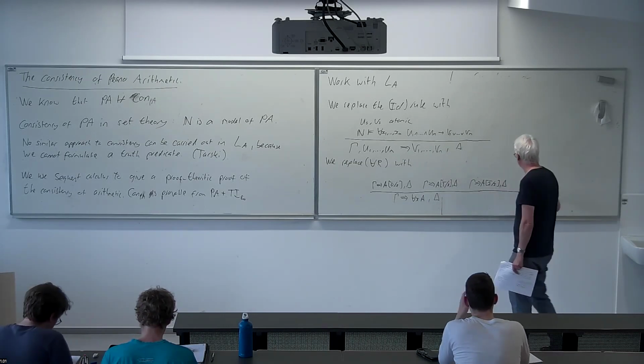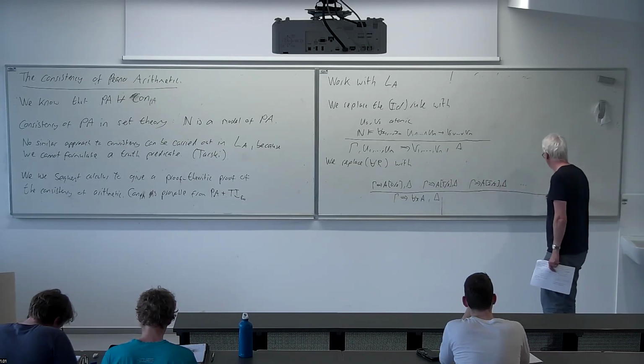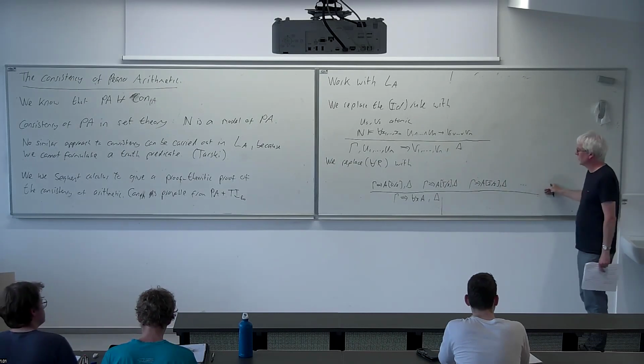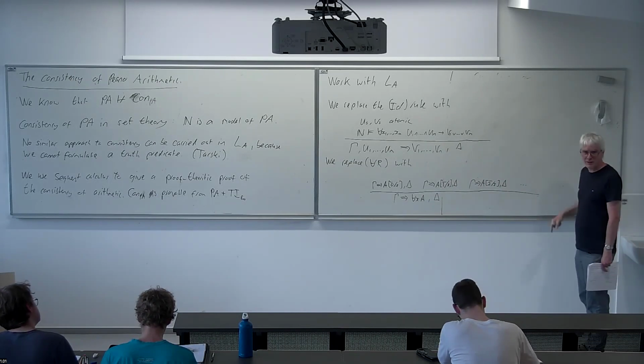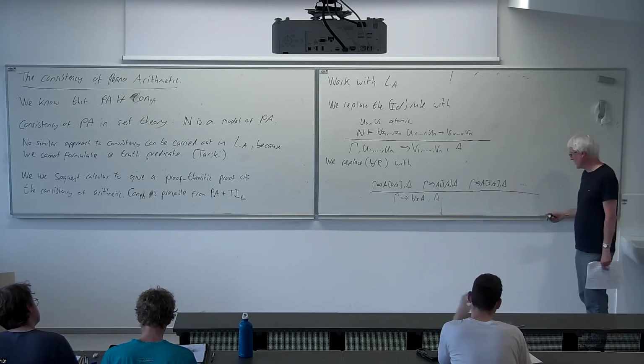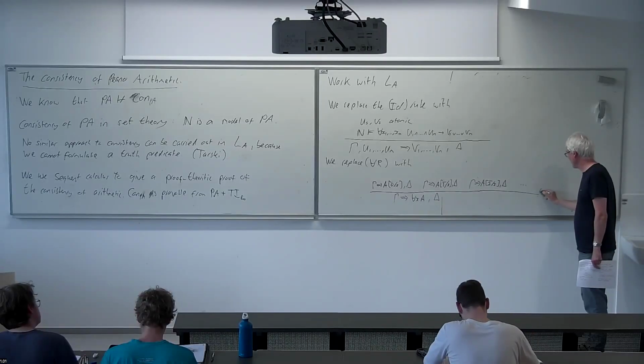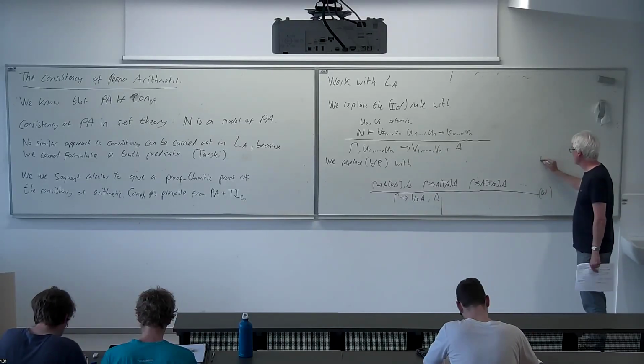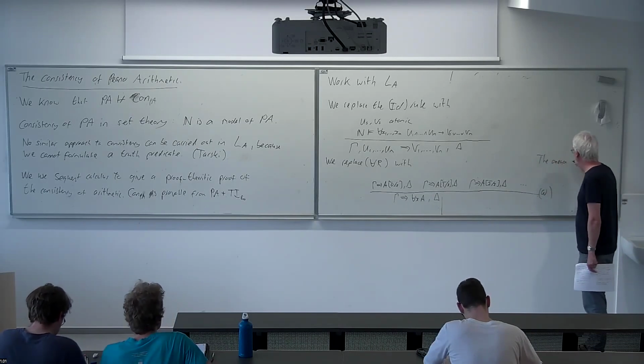Excuse me, is this maybe connected to omega consistency? I don't know if it's connected to omega consistency, but it's connected to omega because we have omega many premises, and it is called the omega rule. It appears in various guises, but they're all called the omega rule.